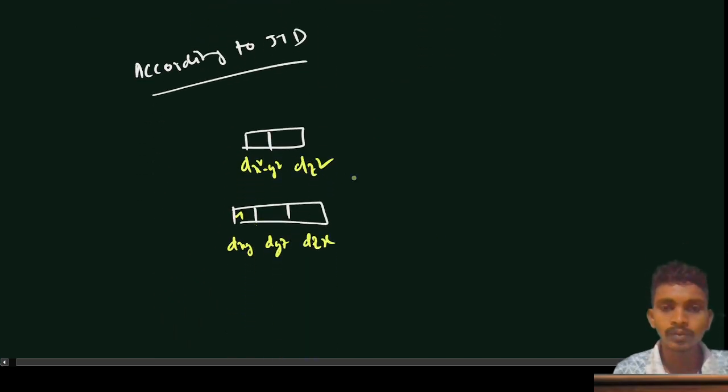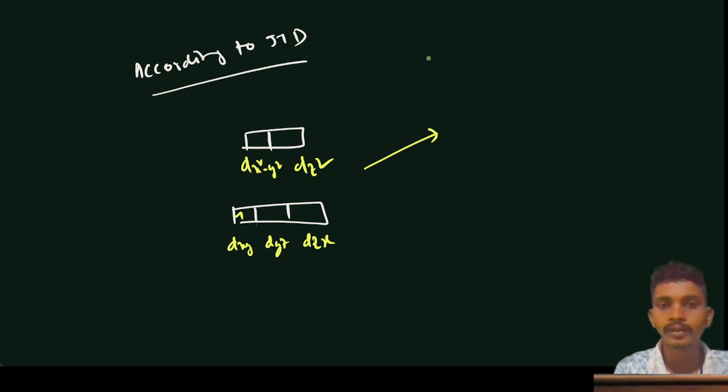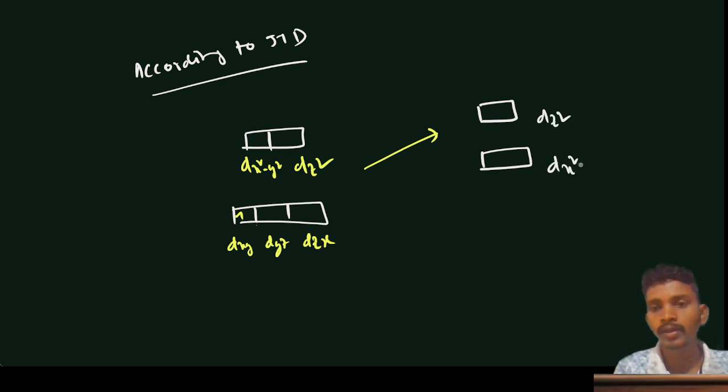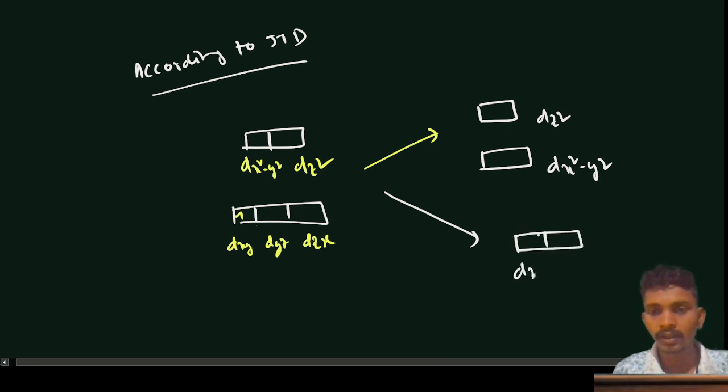If JTD comes into play, this will become like this: let's say this is dz square, this is dx square minus dy square, and where the electron is there, so dz square. This is dxz, this is dyz, and another is where the electron is there, that is dxy. So electrons will be here.